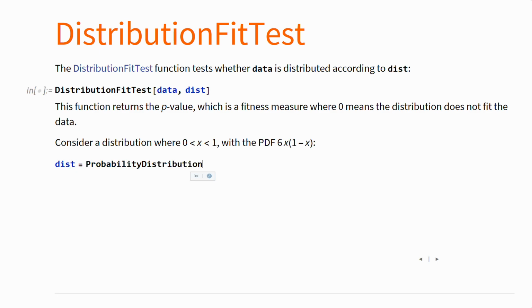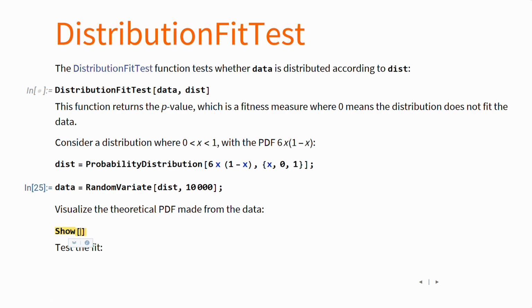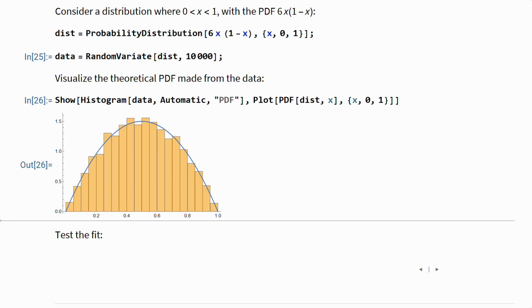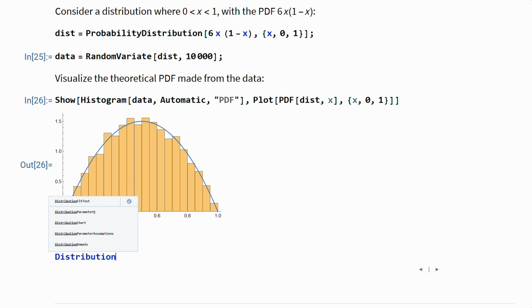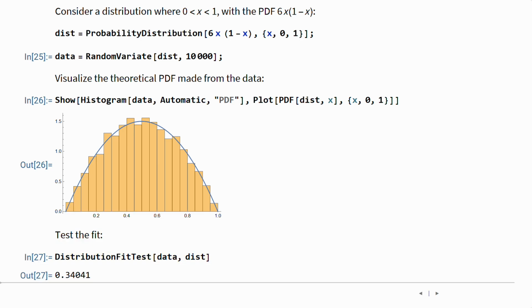Let's say you have a distribution with PDF 6x times 1 minus x and the corresponding data. If you plot it with data and model, you see it fits very closely to the curve. And if you compute the fitness of the data against the distribution, you see a high fitness value. In practice, depending on the application, a p-value greater than 0.2 or 0.3 may be considered significant.